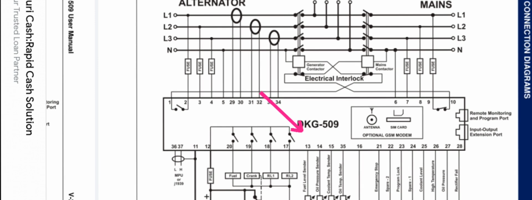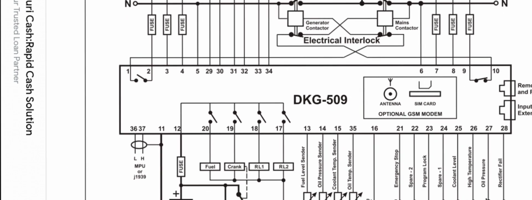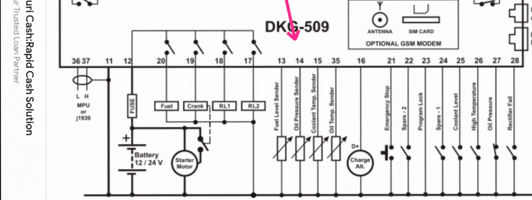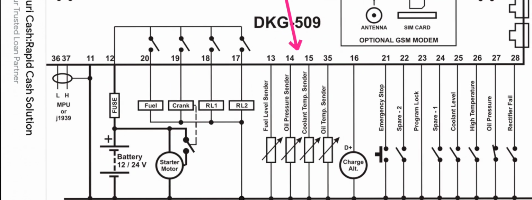After that we have pin 14, the oil pressure sender input, and pin 15 is the coolant temperature sender, and pin 35 is the oil temperature sender.